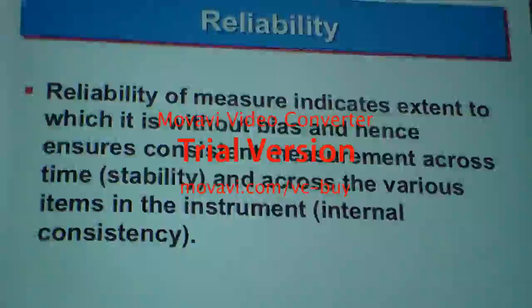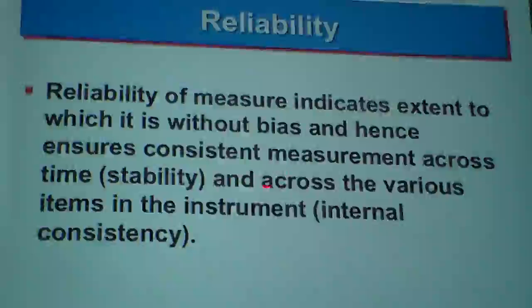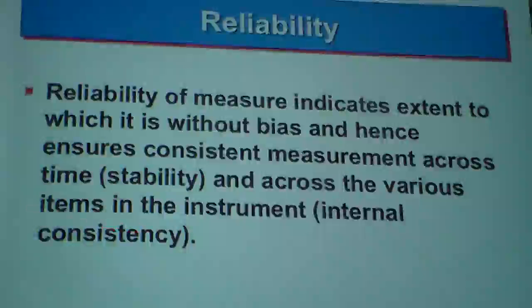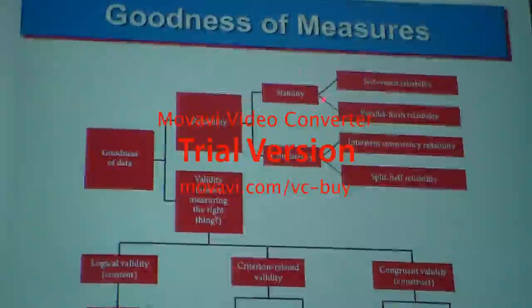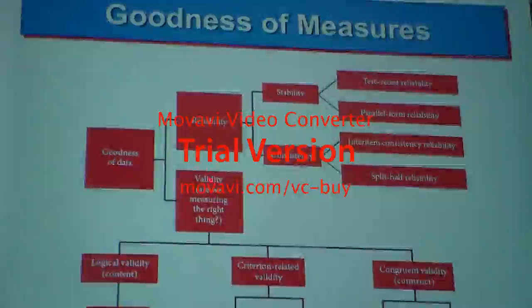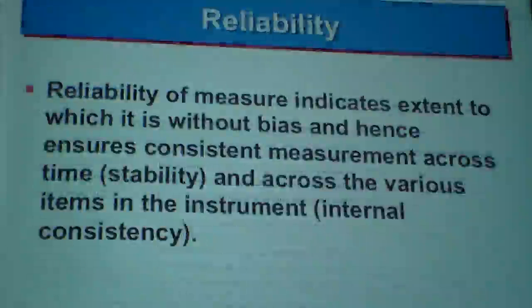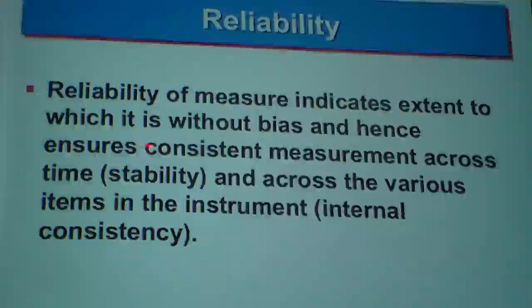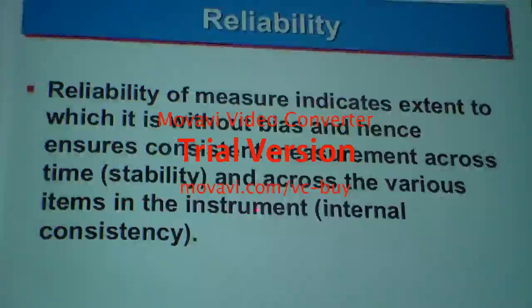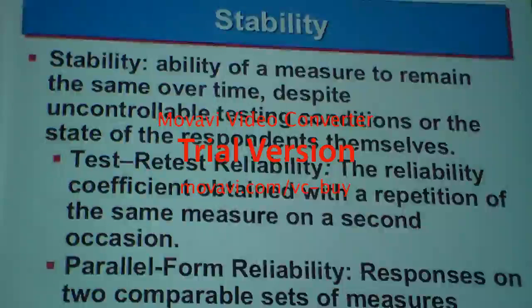This is what we mean by stability, consistent measurement. And across the various items in the instrument is internal consistency. So stability is a consistent measurement across time, and internal consistency means across the various items in the instrument itself.